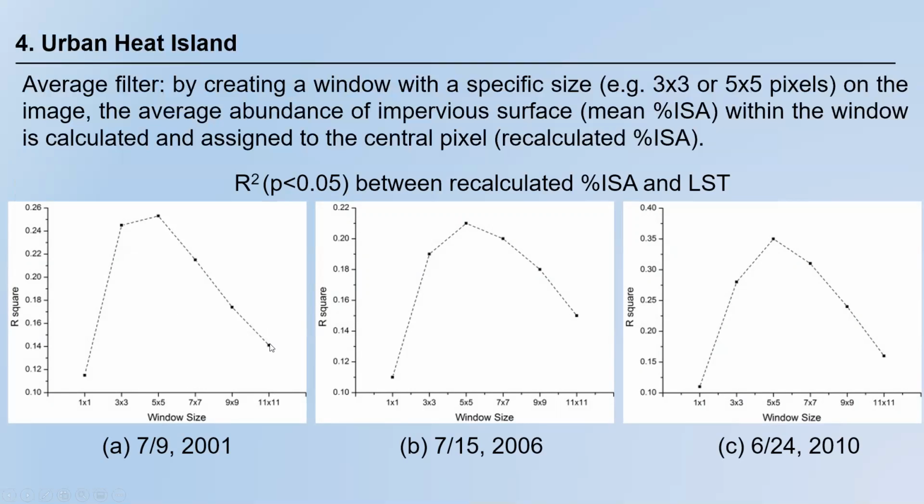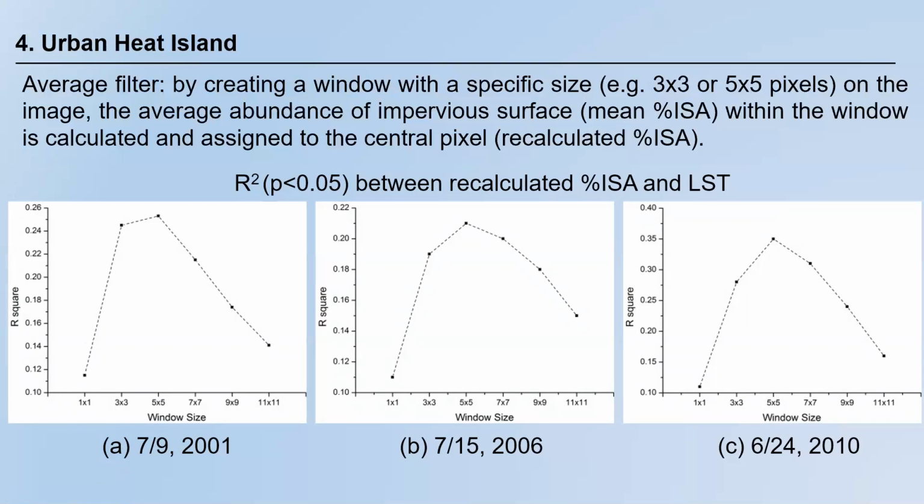So it means that, okay, the neighboring effect is there. You can use this average filter method to address that neighboring effect. But you have to be very careful about the definition of the neighbor. If the neighbor is properly defined, for example, a 3 by 3 pixel neighbor or 5 by 5 pixel neighbor, then you can better address the relationship between percentage ISA and LST.